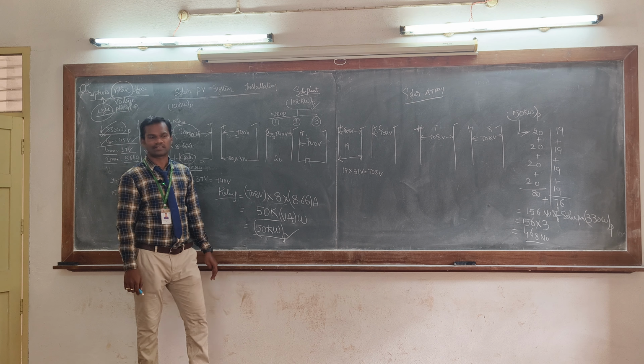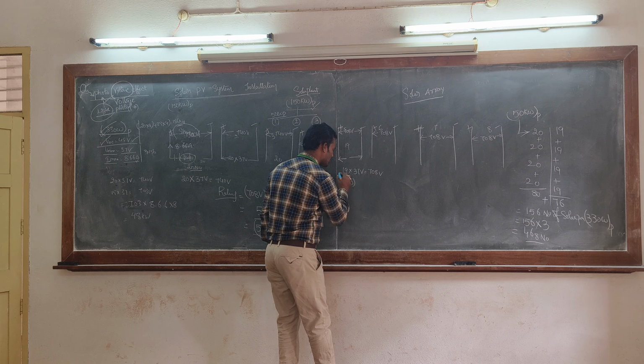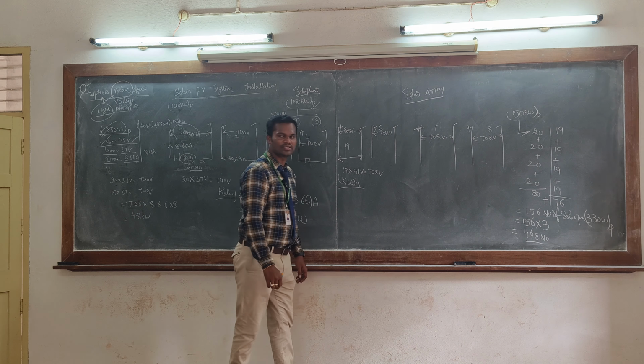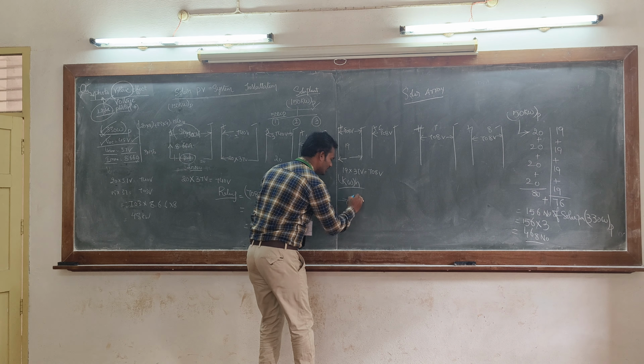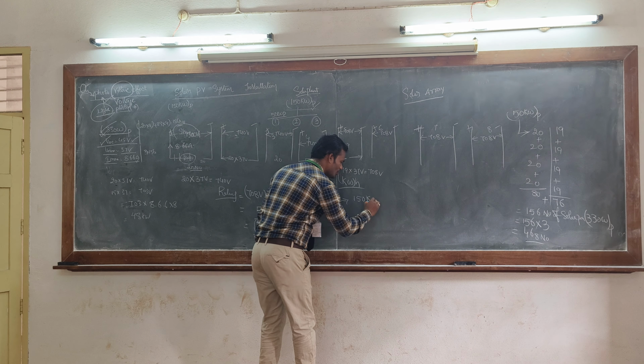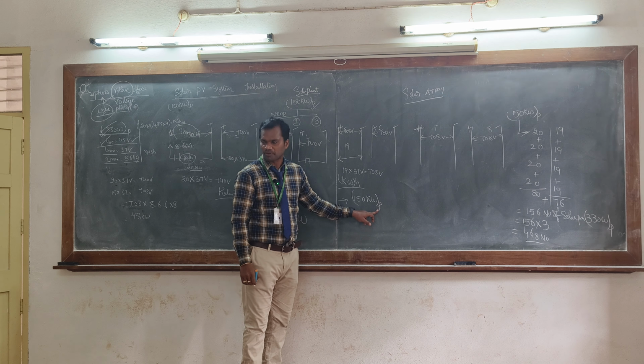Now coming to the calculation: how many units, kilowatt hours, are we generating from our plant? What is the rating of our plant? 150 kilowatt peak. What does this P indicate? This is the peak amount of power that is developed by our solar system.